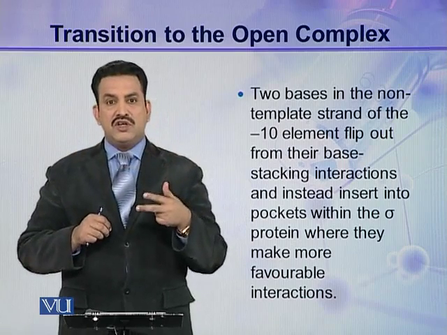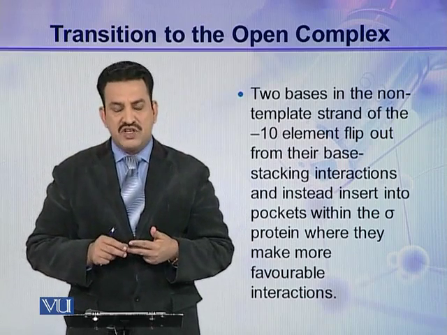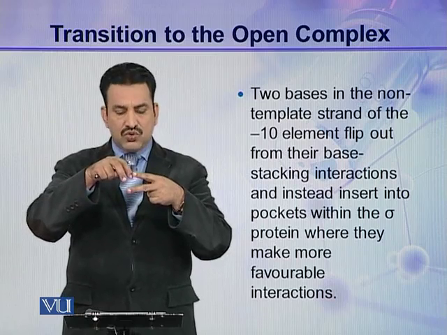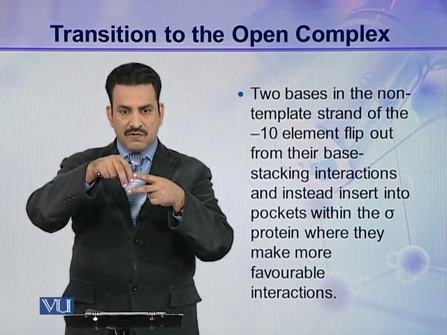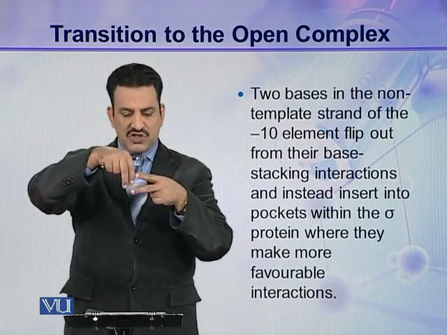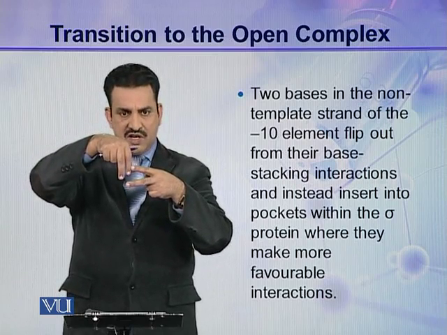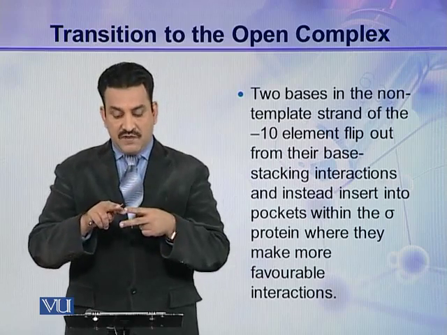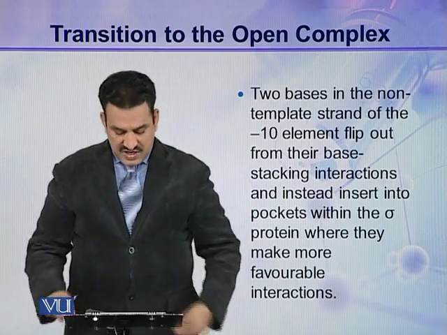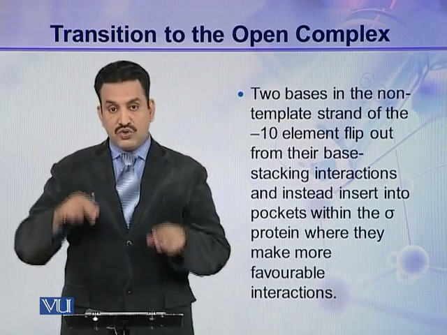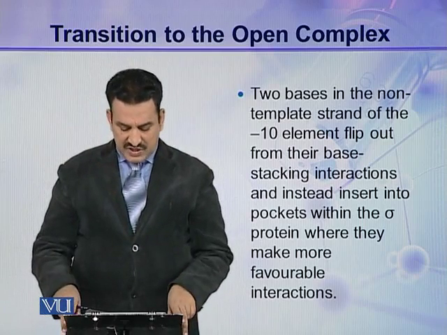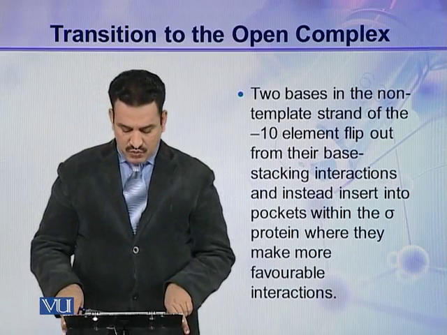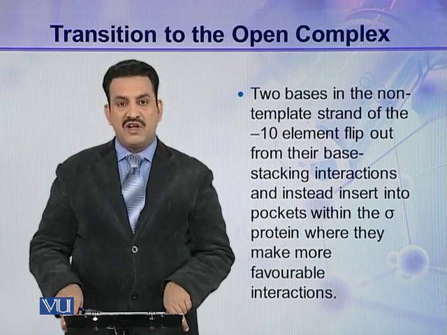So in the non-template DNA strand, these two bases flip out from the strand, and after flipping out, they insert into the pockets within the sigma protein where they make more favorable interactions.